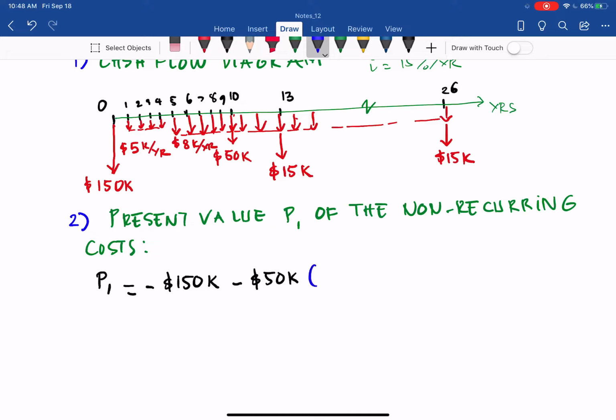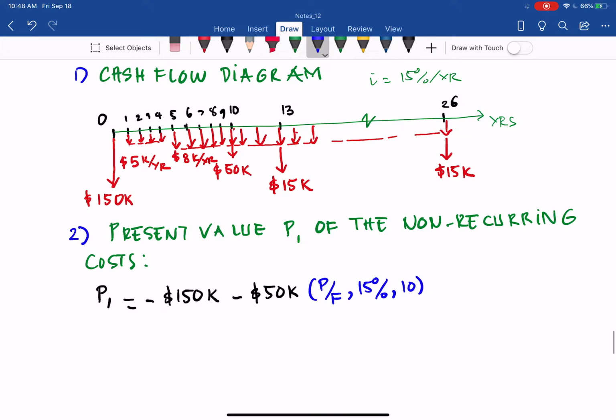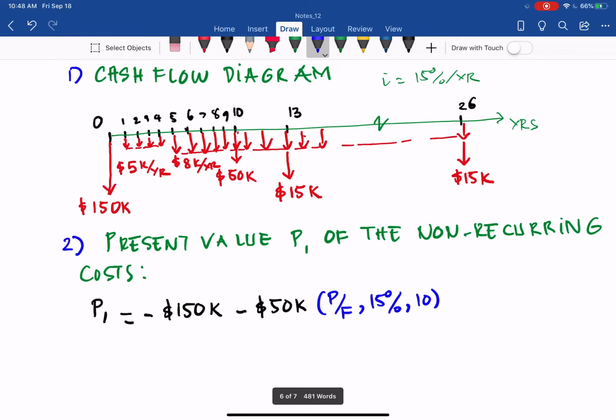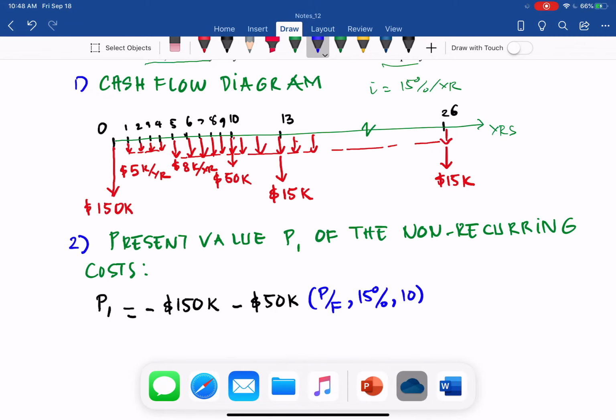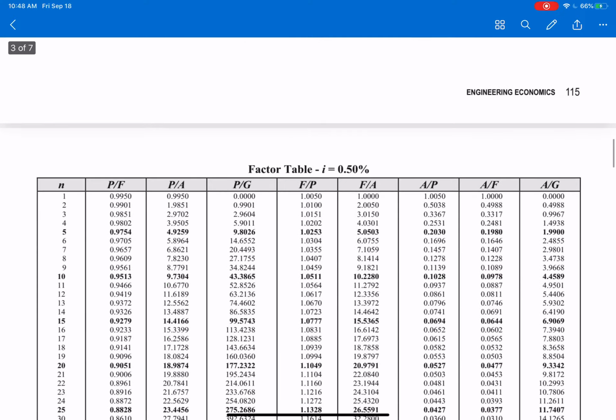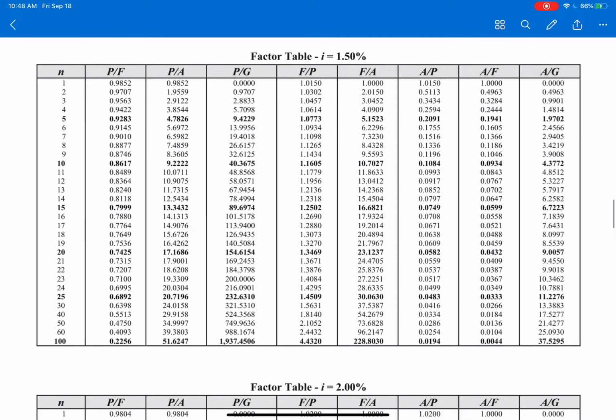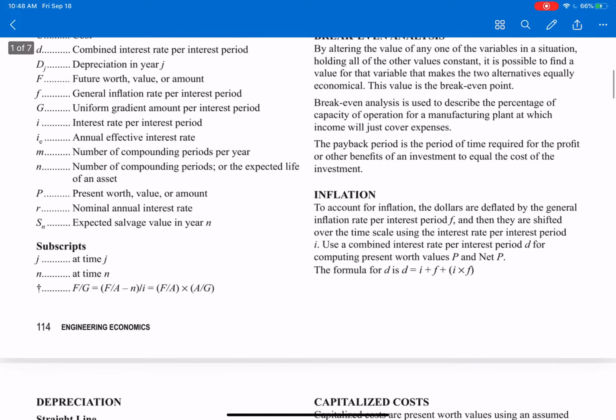So you have P over F, 15% and 10 years. So this is non-recurring. The 15,000 every 13 years is a recurring amount we have to deal with in the next step. So for 15%, we can go to the reference, and I don't think they have a table for 13 years.